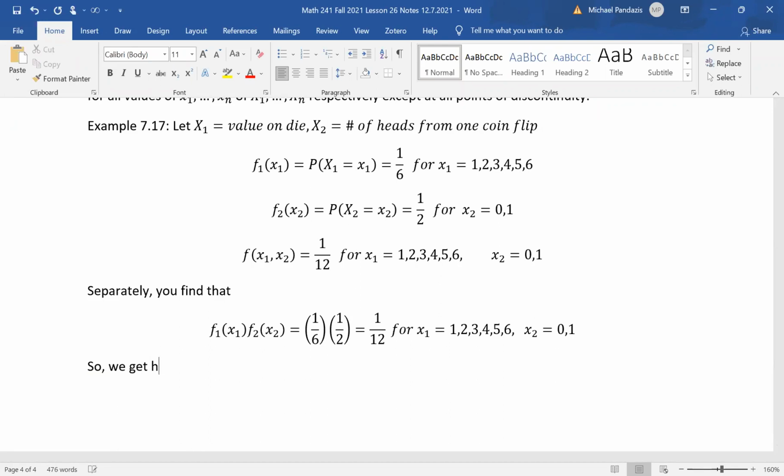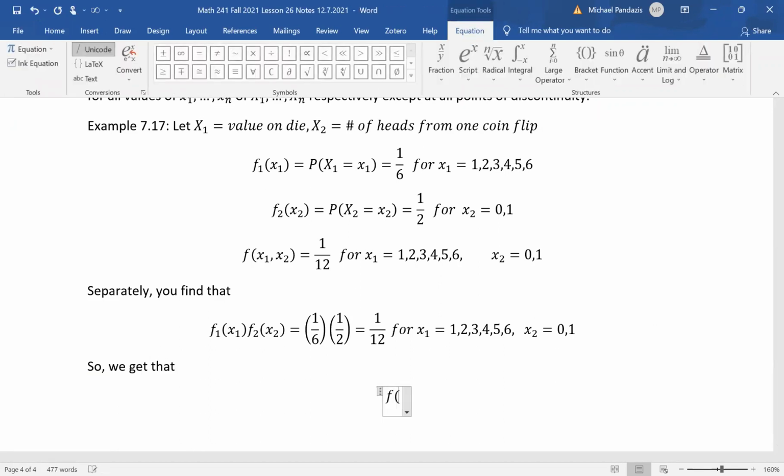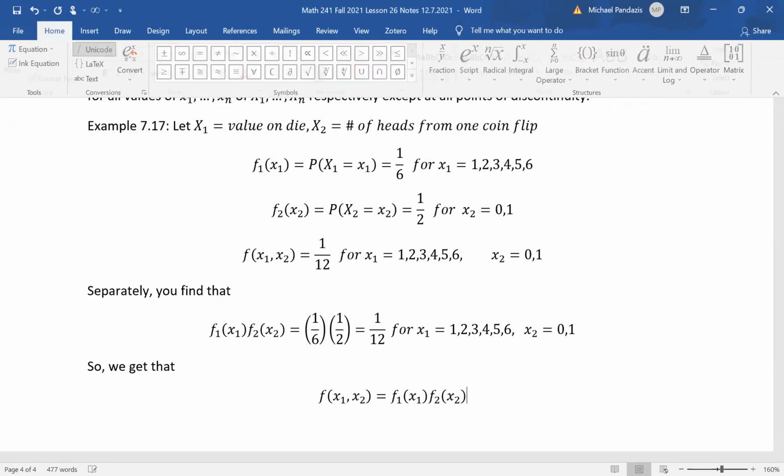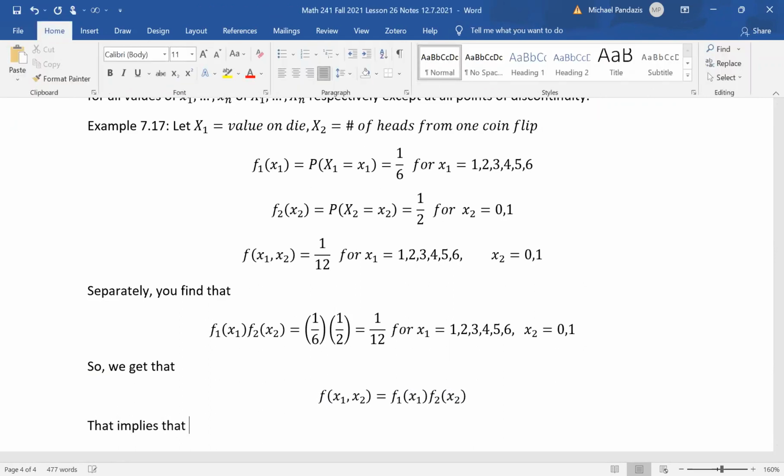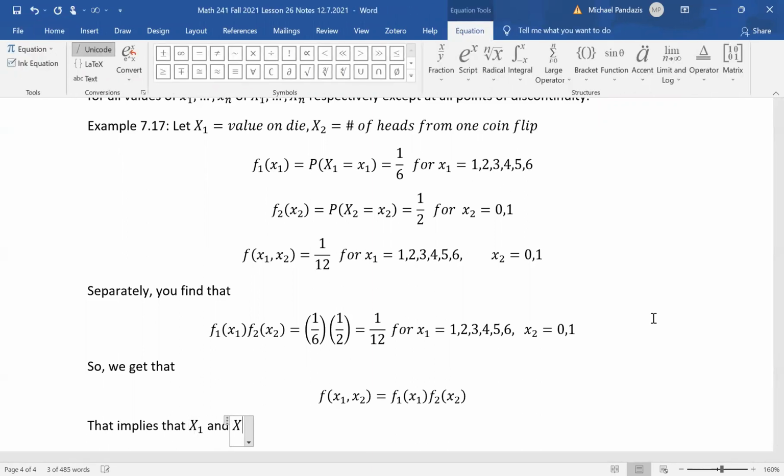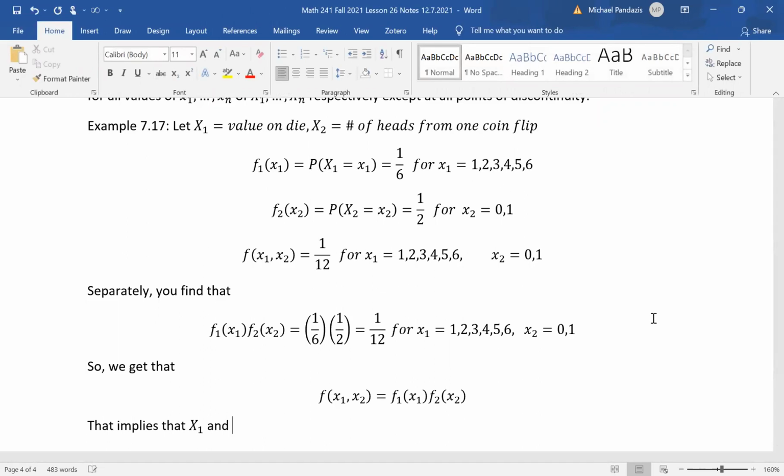Okay, so we get that f of x1, x2 is equal to f sub 1 of x1 times f sub 2 of x2. And so that implies that X1 and X2 are independent random variables.